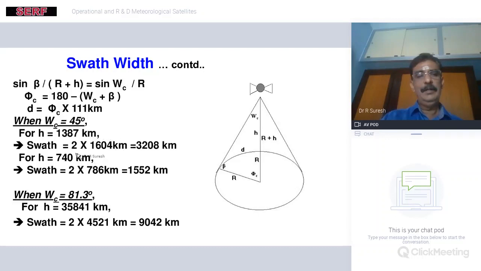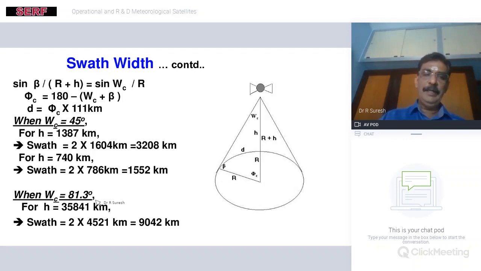For a lower height, instead of 1387 km, the swath width is 3208 km. For a lower height of 740 km, the swath width will be 1552. That's what I was saying in astronomy. The visible horizon will be depressed once the viewing angle is lower and lower, coming to the surface. And once we go up and up, once the viewing angle is smaller, then the swath width will be higher.